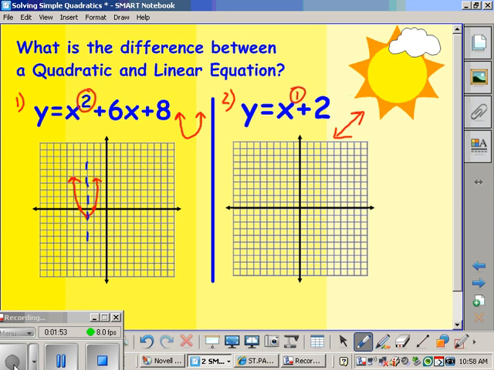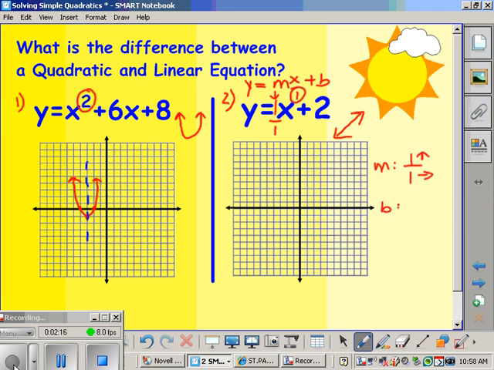Now, in number 2, the linear equation simply graphs a line, which you should have done in previous lessons. So using the slope, or we can use y equals mx plus b, the slope, the number in front of x, is 1/1, which is the rise over the run.